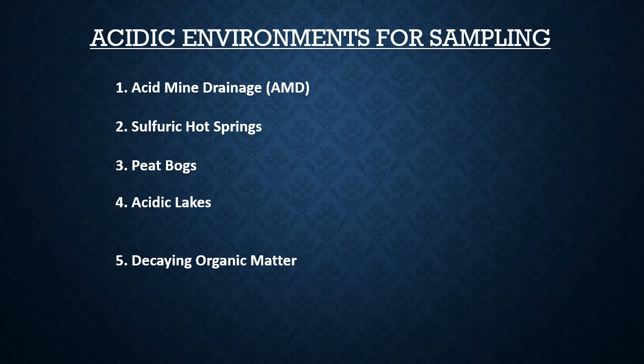The production of organic acid during decomposition can give a pH ranging from 3 to 5. Collect soil samples from underneath decaying leaves, and gather compost samples from different stages of the heap, where decomposition is going on.